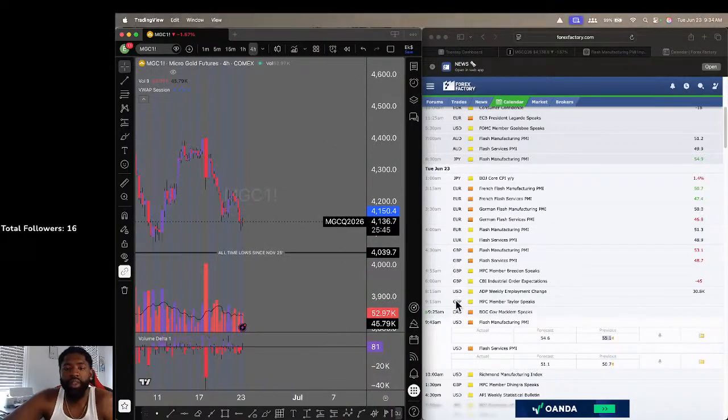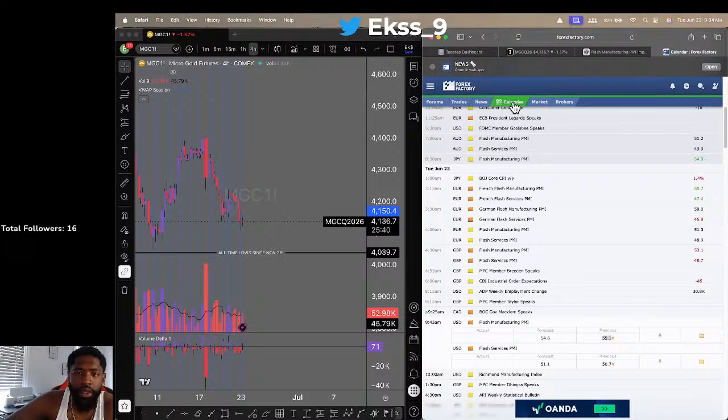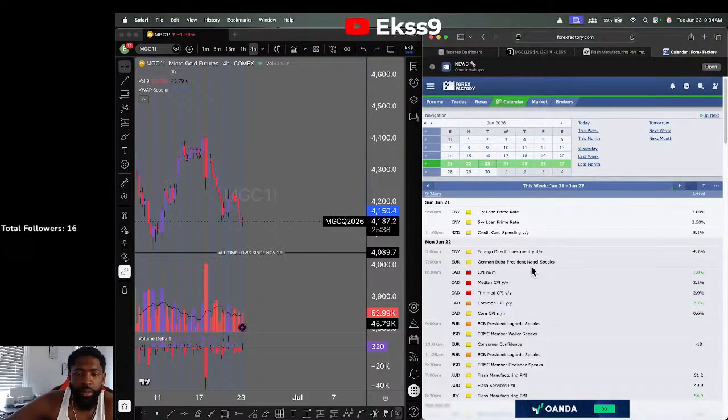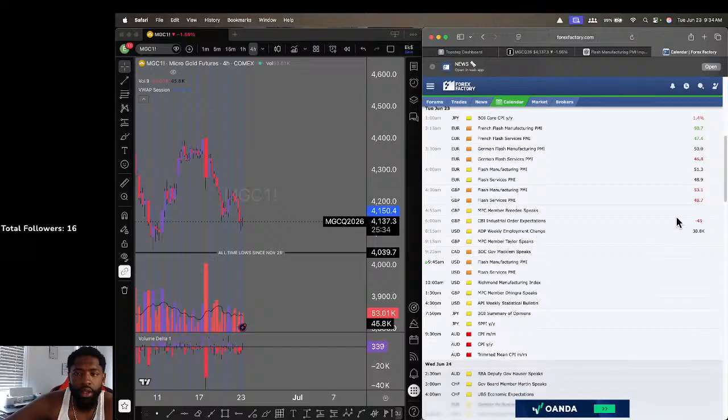So with that being at 9:45, we let this market open around 9:30. 9:45 is the next news event going on here, and we got gold on the chart.